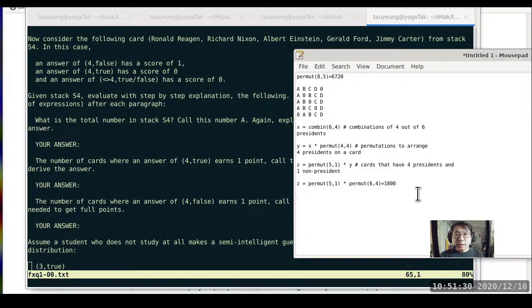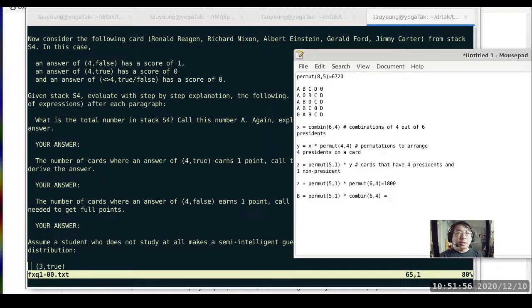So now we say B is permut 5, 1. It still has a permut 5, 1 in here, because there's that one single place in this case where the non-president can go. So that one is still there. But the permut 6, 4 becomes a combin 6, 4, because there's only one right way of ordering the 4 presidents.